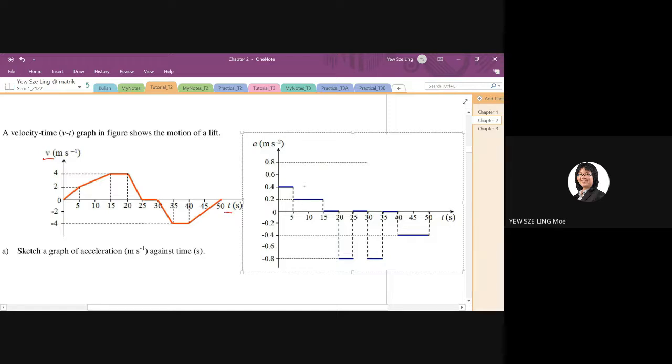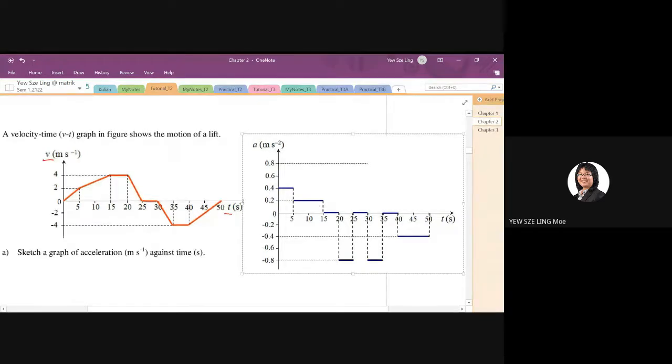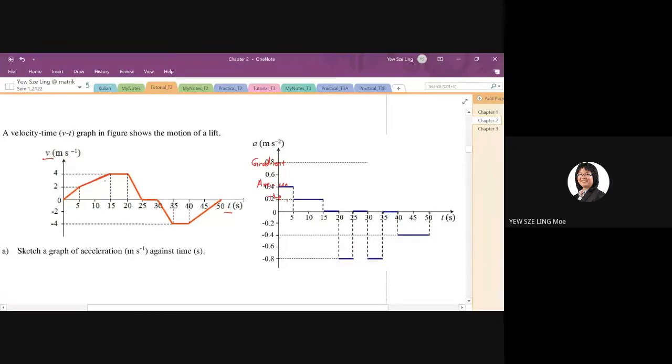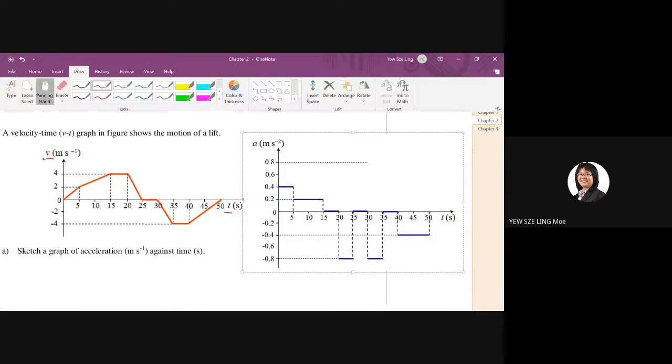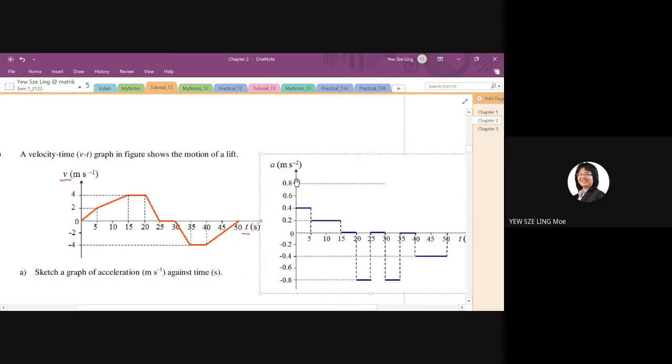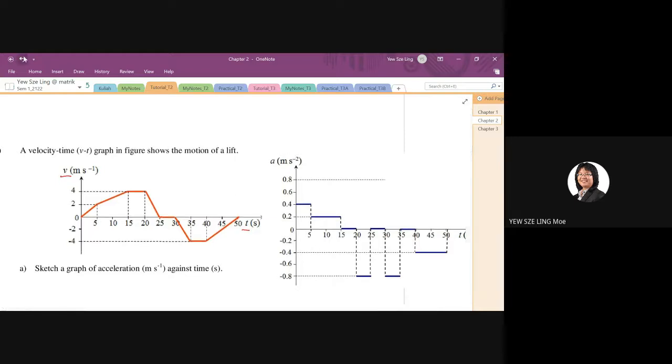And then for the second part, you have 5 until 15, which is also a positive acceleration, but now because it's less steep, you look at the original graph, the uniform velocity is less steep.